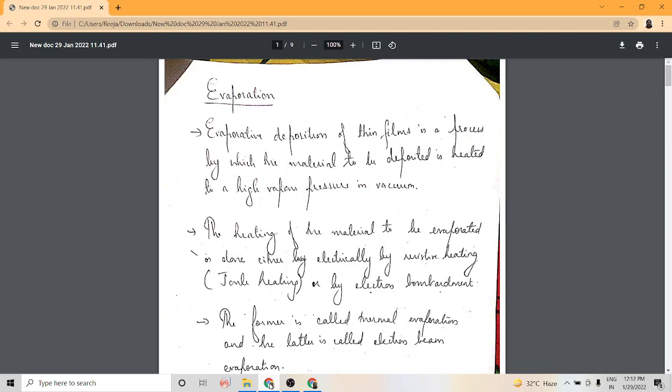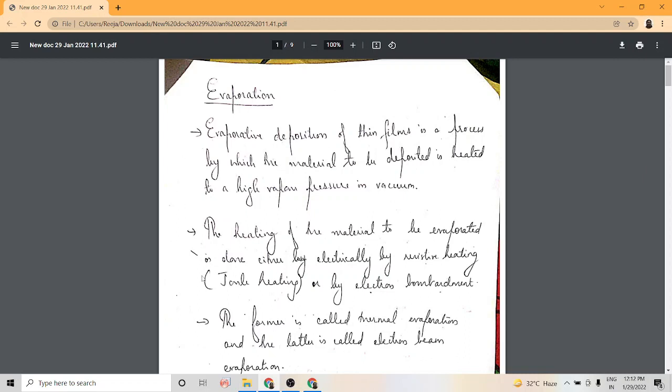Now, if the material to be deposited is heated by means of resistive heating, then the synthesis technique is called thermal evaporation. And if the material is evaporated by means of electron bombardment, then the method is called electron beam evaporation.